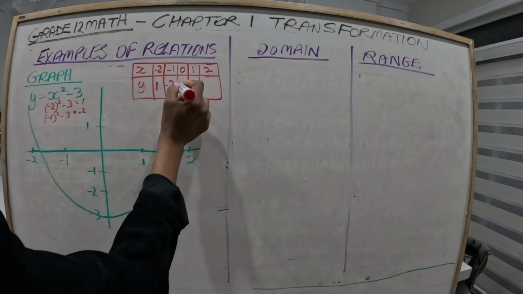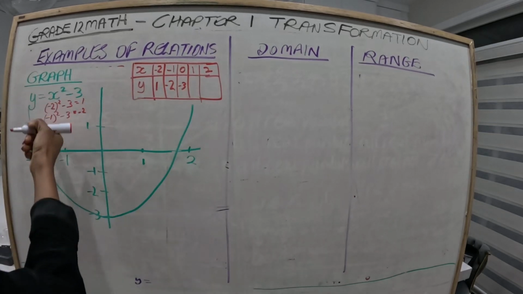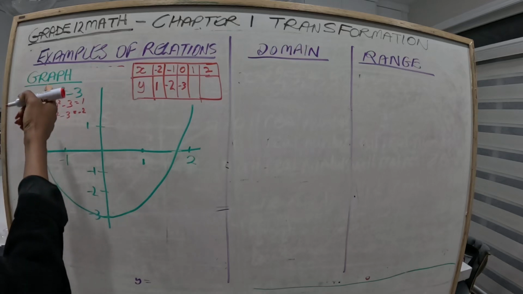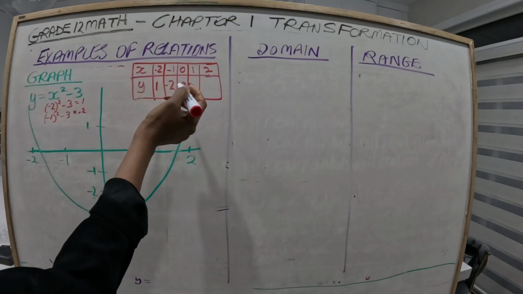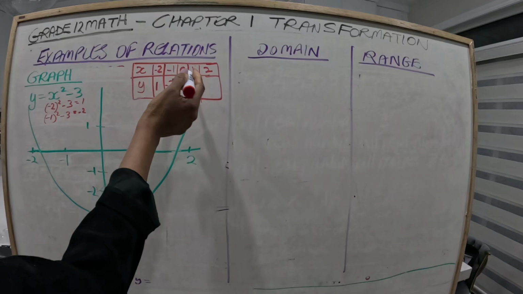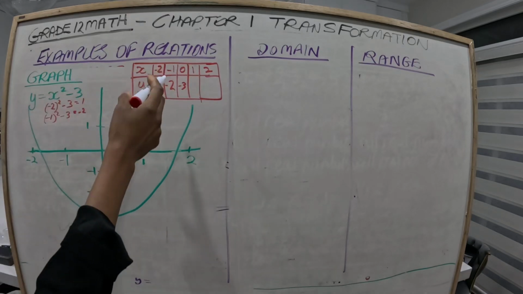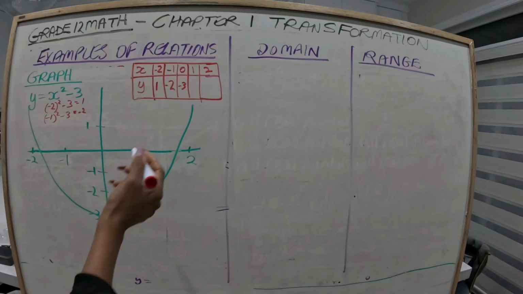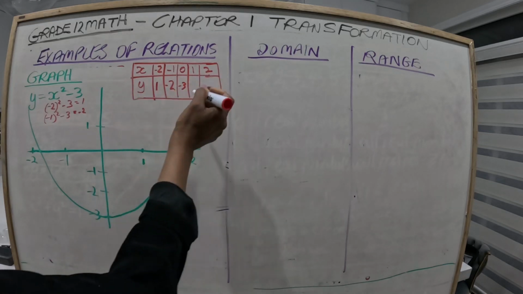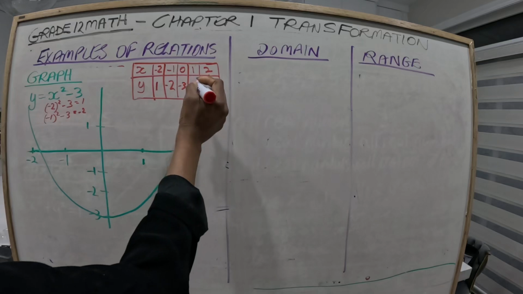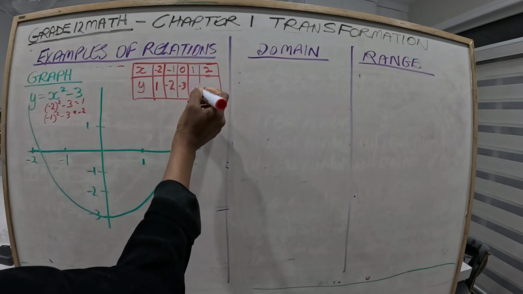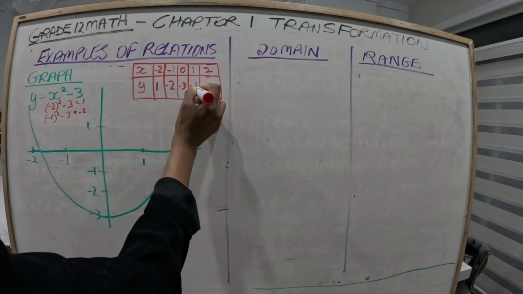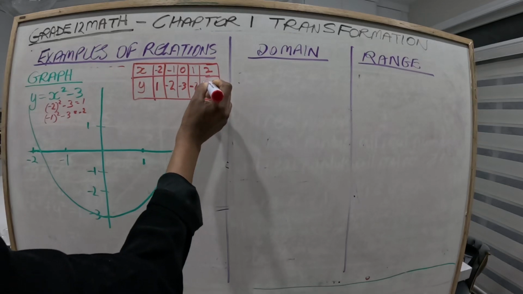For 0, this will be negative 3, because once x is squared with 0, or you input 0 as your value, then all of that will be 0. And then you'll go right back where you started, because this will also be -2, and this will also be 1.